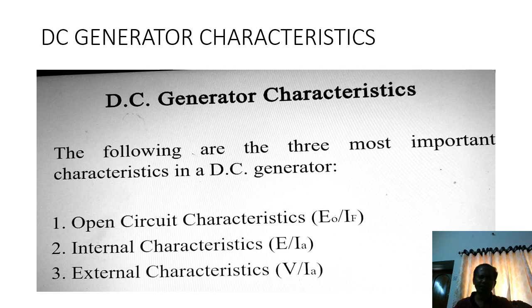Under no load condition, there is no armature current, but you know the equation E0 is equal to Vt plus IaRa. When you take a self-excited or separately excited generator under no load condition, armature current Ia is equal to 0, so E0 is equal to Vt.